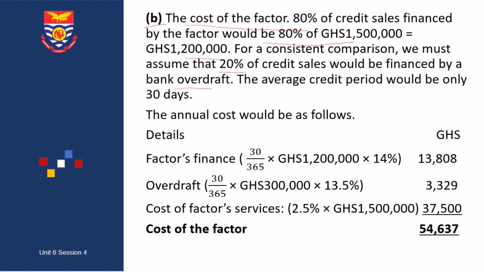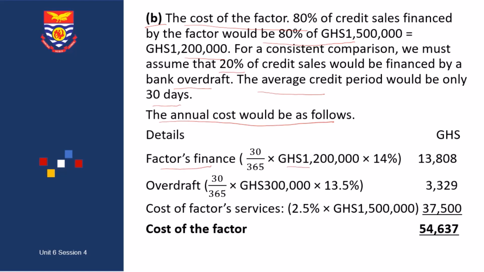So the average credit period will be 30 days if you are using the service of a factor. On the other side, it was 45 days, if you remember. So let's find the annual cost that will be incurred using the service of the factor. The factor's finance, this is how it's going to be. So the days is 30 days, the other one was 45 days, right?